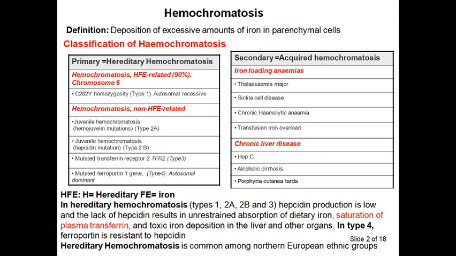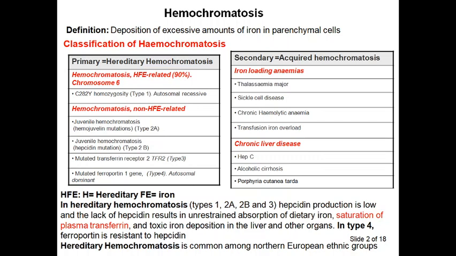Or in other words, when the iron level inside our blood gets high, iron will be deposited in different body tissues, like the liver, causing liver cirrhosis, into the skin, causing discoloration of the skin, what we call bronze skin, into the pancreas, causing diabetes mellitus, and other tissues which we will discuss later on.